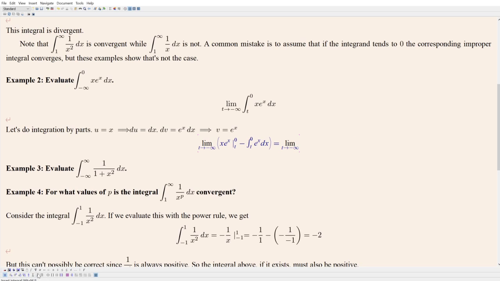So for this first guy, if we plug in the bounds, 0, well, that all becomes 0. Minus t e to the t, minus the antiderivative of e to the x, which becomes e to the x, evaluated between 0 and t.